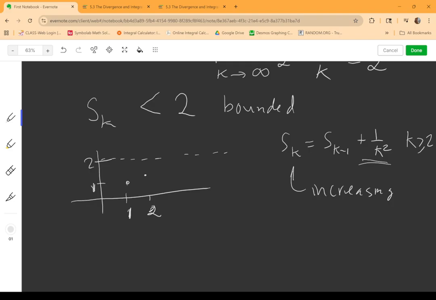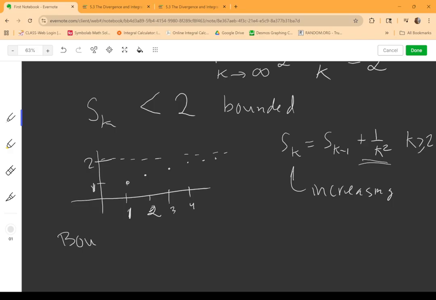So it's increasing and bounded, which means that at each step of the way, the kth partial sums are increasing, but they're always less than 2. So what that means is that the partial sums are converging to a finite value as k goes to infinity.